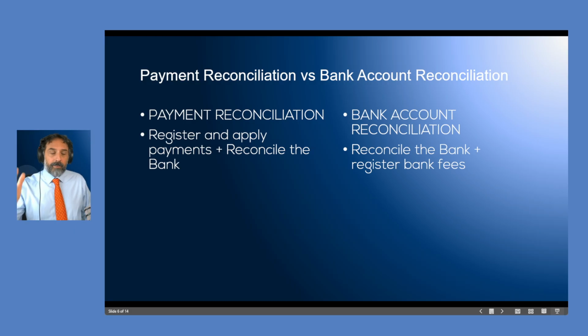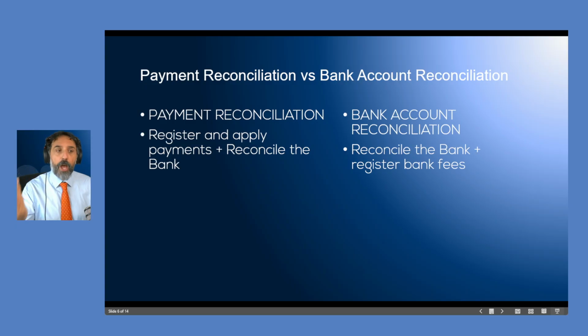So let's get this sorted once and for all, shall we? Payment reconciliation and bank account reconciliation. Payment reconciliation is to register and apply payments plus reconcile the bank at the same time. We will learn in a moment why, where and how you might be able to register a payment and reconcile the bank.